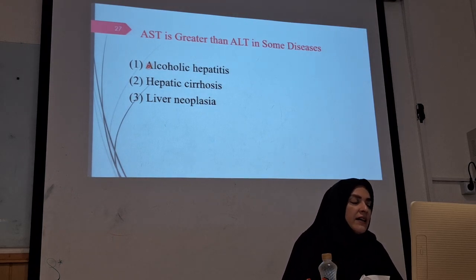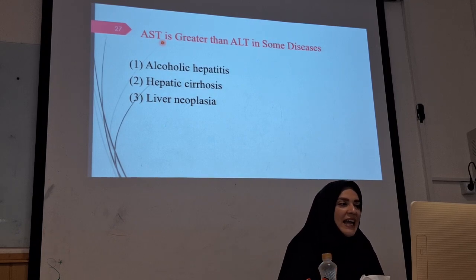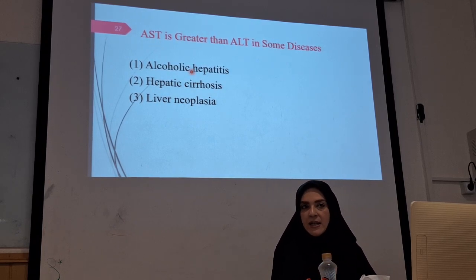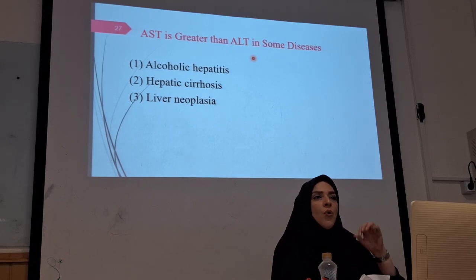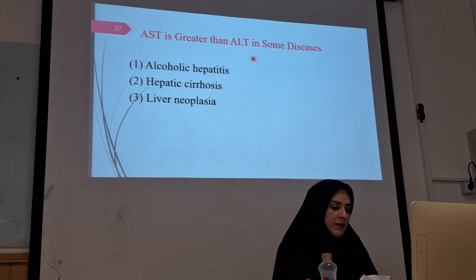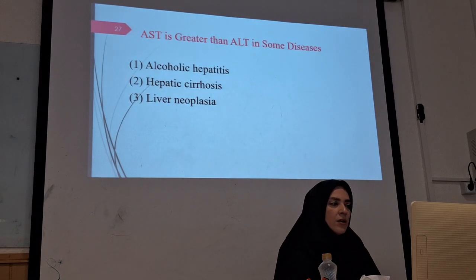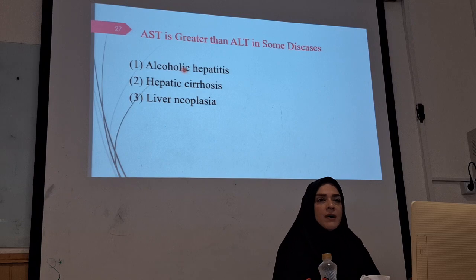In these three situations, AST is greater. Okay? Normally ALT is greater. Okay? So just these three situations are the important ones; other disorders, like in the previous slides, can result in an alteration of the ALT more than AST.